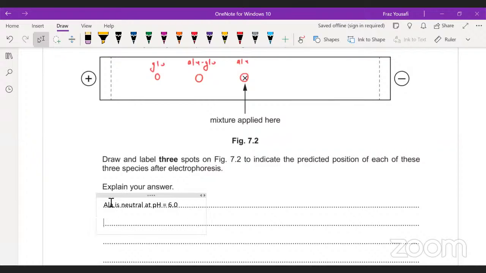But remember that the other two, glutamic acid, GLU, and GLU-ALA are both negative.